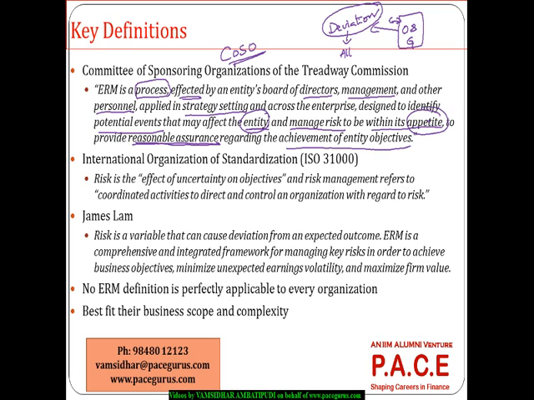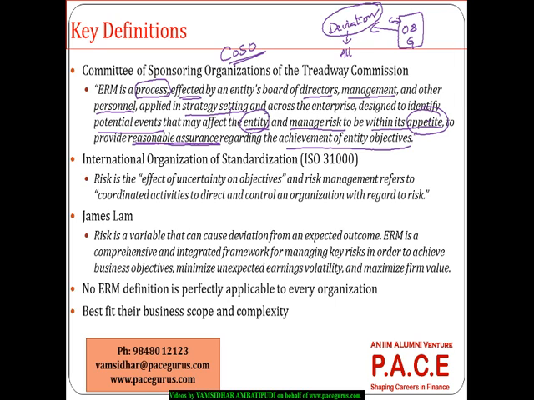Set the appetite and try to track it in such a way that it is very much within the limit. A very straightforward process, right? So that is what enterprise risk management is bringing together as a picture.